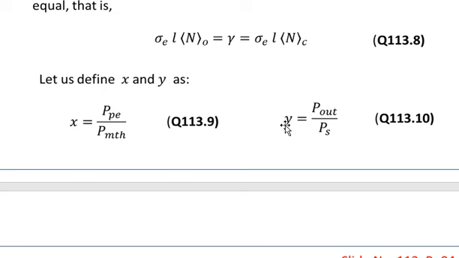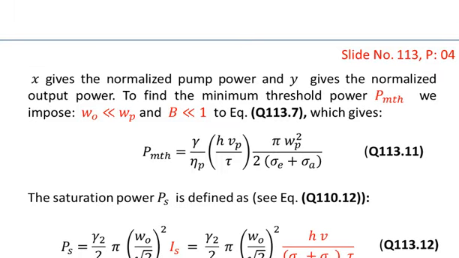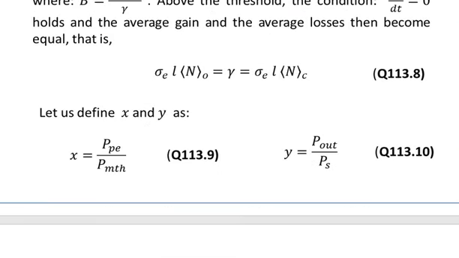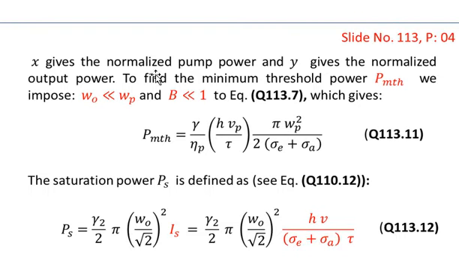And equation number 10 is y equal to P out over PS, where PS is the saturation power and P out is the power output from, for example, mirror 2 of the cavity. These x and y have been explained earlier in the previous slide, that is in slide number 112. X gives the normalized pump power and Y gives the normalized output power.